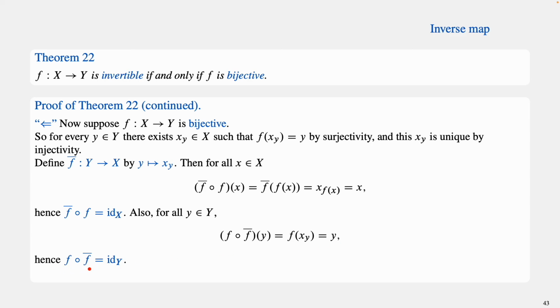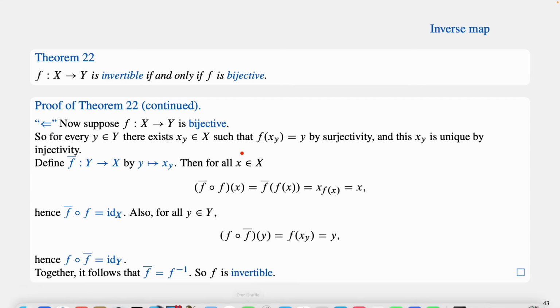So f composed with f bar is the identity on Y, and those two together now imply that f bar is in fact the inverse function f to the minus 1 of f. And this means f is invertible. And this way we have concluded the direction of the proof that if f is bijective, it is invertible, and together with the other direction of the proof, this means we have established this equivalence. F being invertible and f being bijective means the same thing.